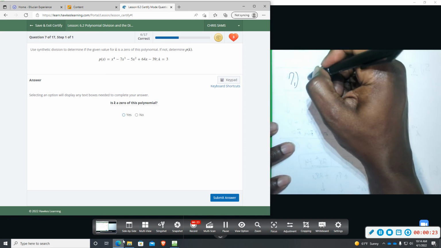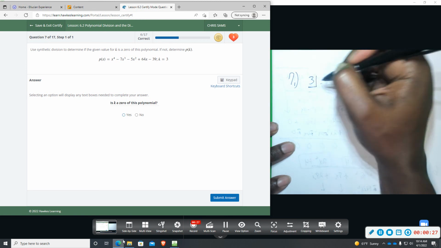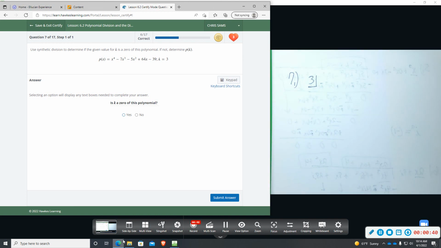So I'm going to plug the 3 over here in our little half box, and then we are going to write down our coefficients. So we have a 4, 3, 2, 1, and then 0.